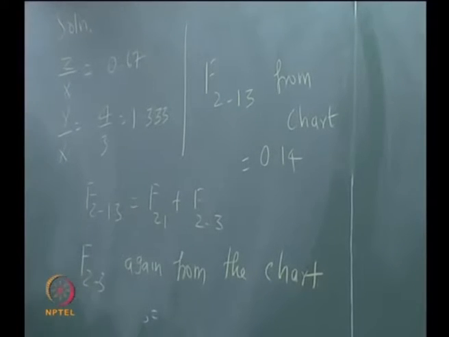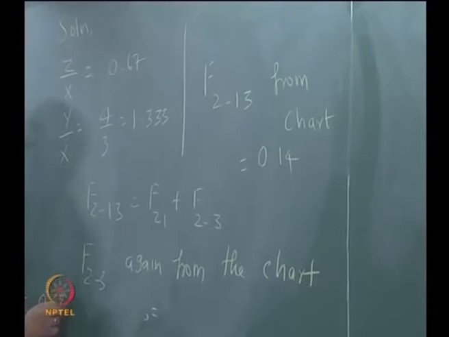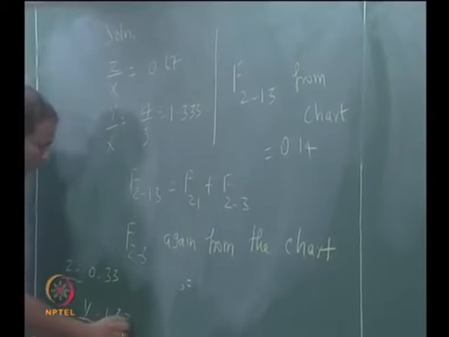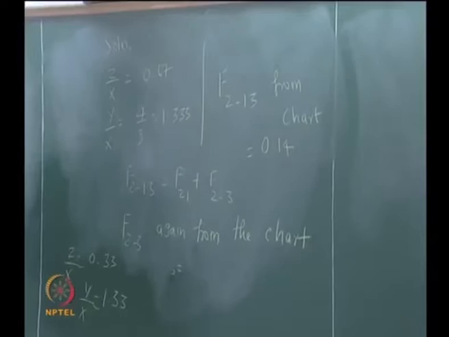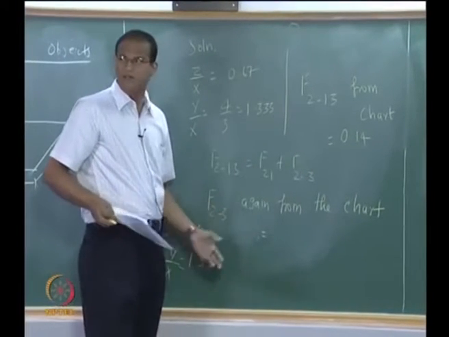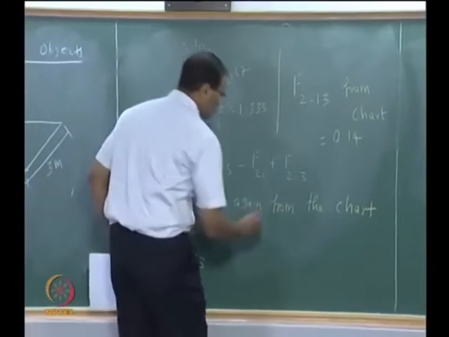Z by X is 0.33, Y by X is the same, okay. So F2 to 3 will be 0.07, okay.